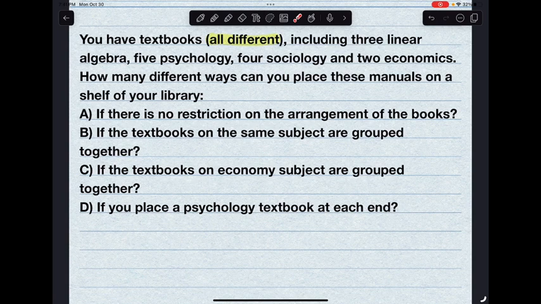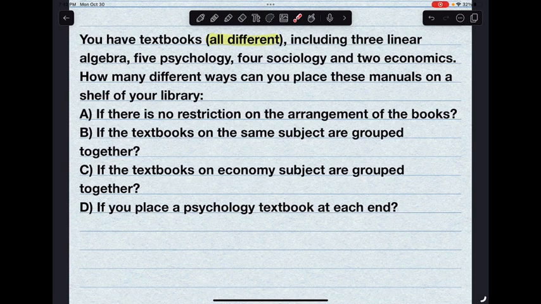We have different books. So now the question is, how many different ways can you place these manuals on a shelf of your library? The question can be solved with different restrictions. Part A says just find the different arrangements when there is no restriction. So for this question, all the books are different.